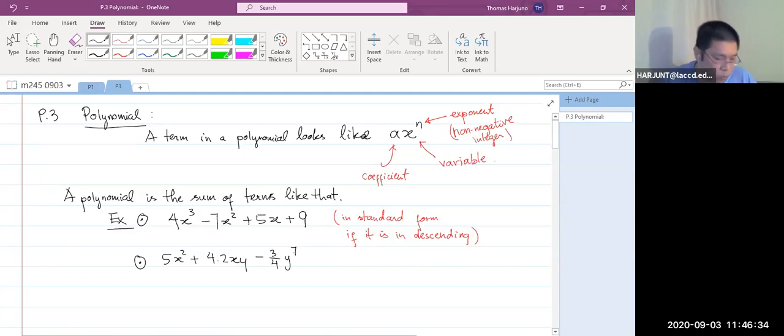We call that a multivariable polynomial. Is it in standard form? No, at least not for now, because it's multivariable. So there's pretty much no way for us to put them in descending order.